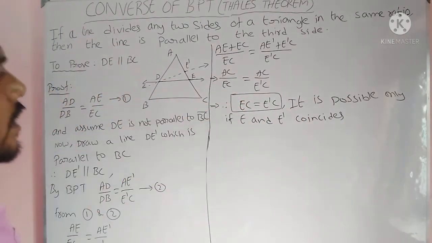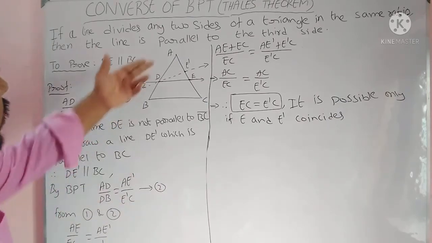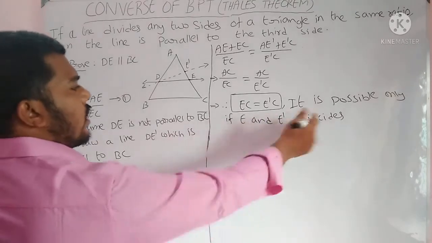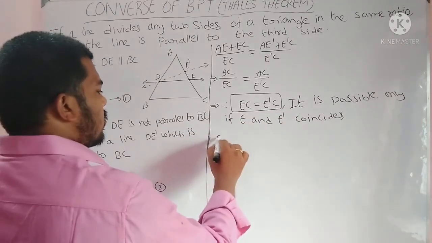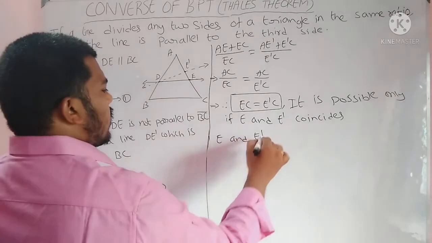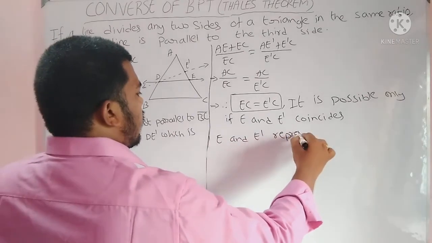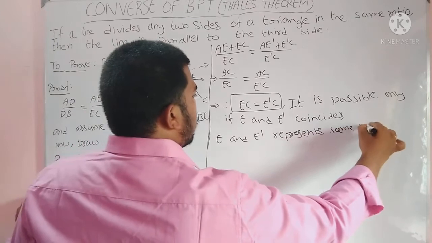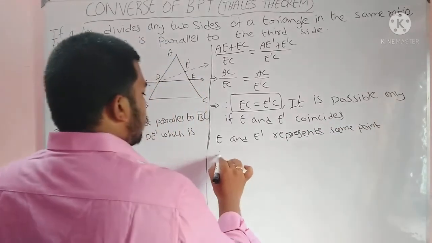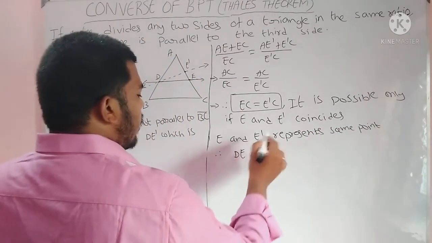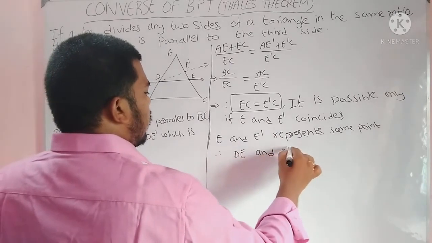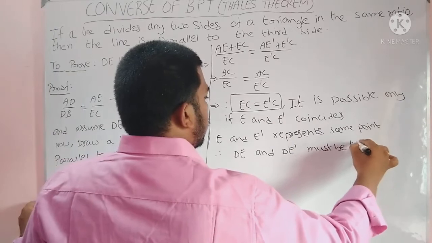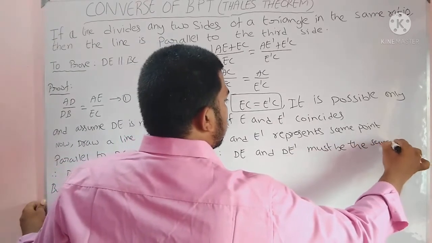If E and E dash coincide, then obviously DE dash and DE will be the same lines. E and E dash represent the same point. Therefore DE and DE dash must be the same lines.